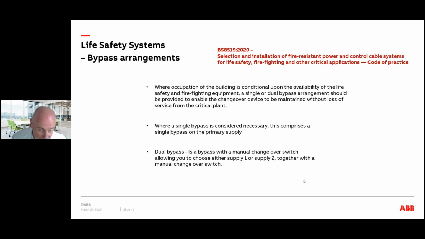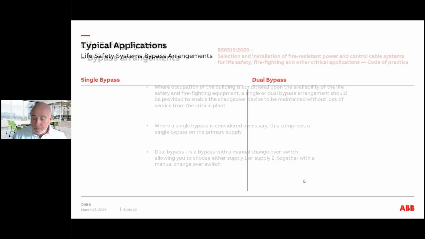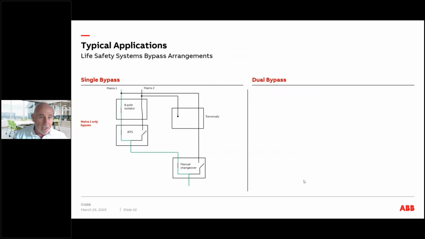It's not for us to tell you what the situation is for one or the other. But just to explain on a simple diagram what the single bypass looks like, as mentioned in the standard, when you look at a single bypass arrangement, you are then bypassing the ATS and its associated components via the primary supply.